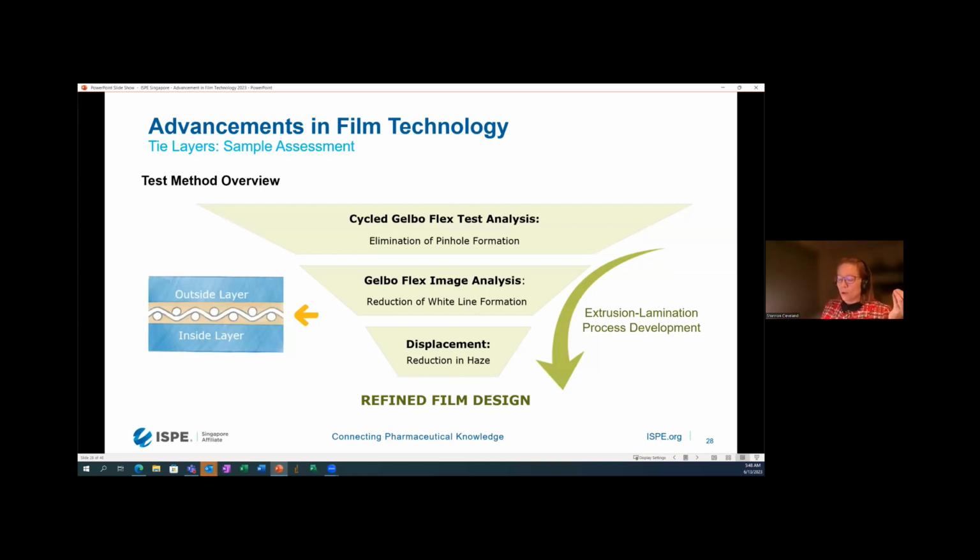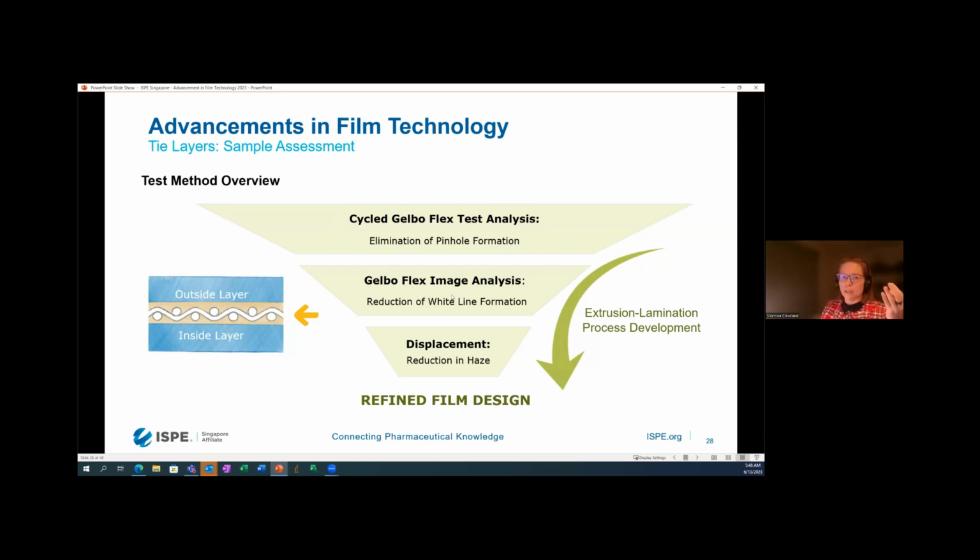So first, the Gelbo test was used to rule out film composites that formed pinholes. And really, that was our initial experimentation. It was more broad, really looking for gross defects. Then when the experimental films no longer formed pinholes, image analysis was used to evaluate and reduce white lines that formed during Gelbo flex testing.